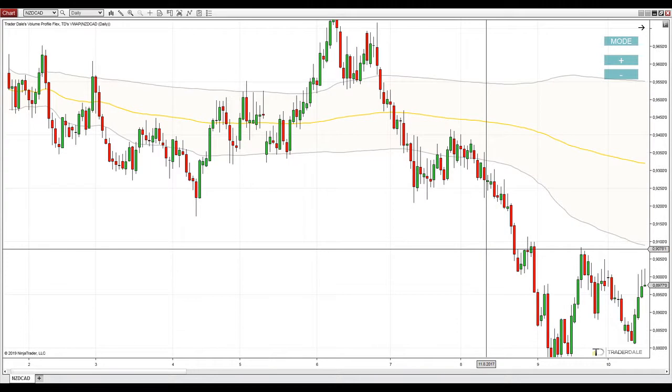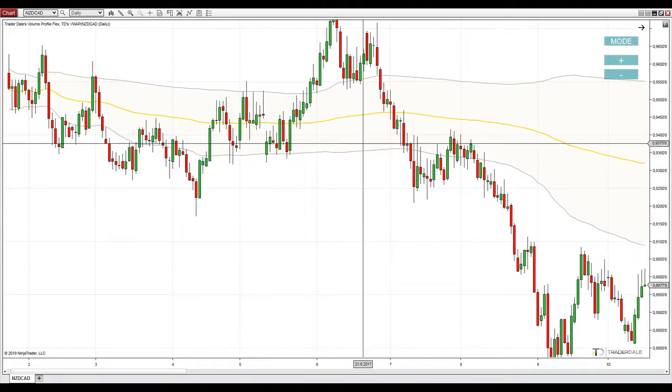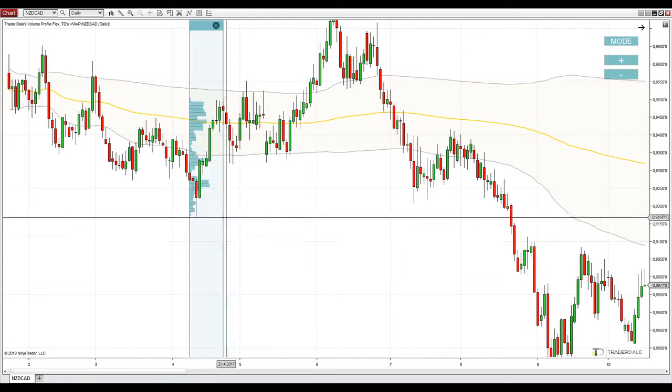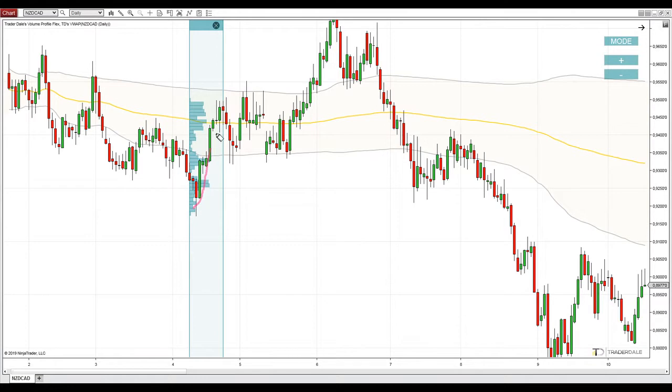Now let's have a look at some examples on the New Zealand dollar, Canadian dollar. First example will be based on a trend setup, volume-based setup. There was a strong buying activity, and within this buying activity, there was this significant volume cluster. The price went away from the volume cluster, returned back. There was the reaction to it.